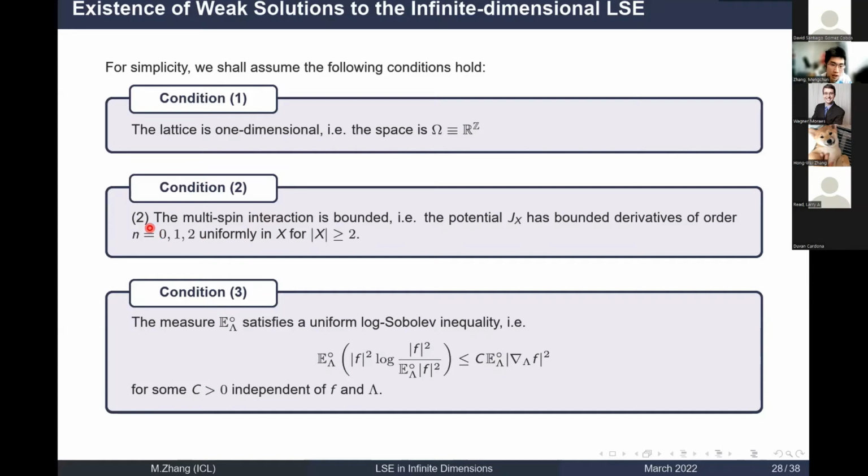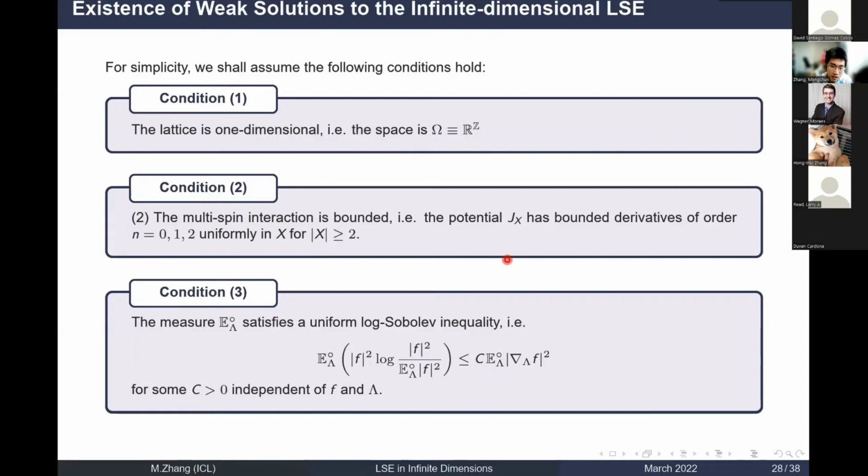And second, we need the multi-spin interaction to be bounded. That is, if you have an interaction covering more than one particle, then this interaction has to be bounded and have bounded derivatives. Basically, the multi-particle interaction cannot grow to infinity.